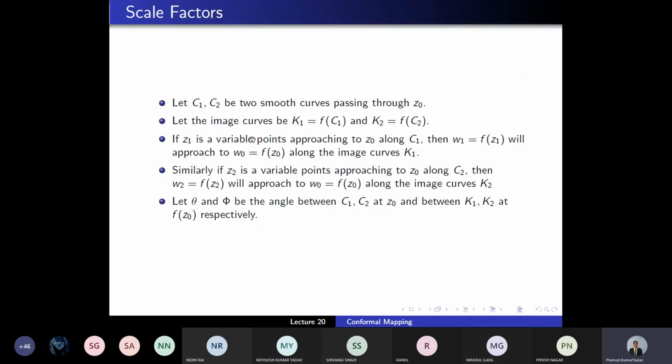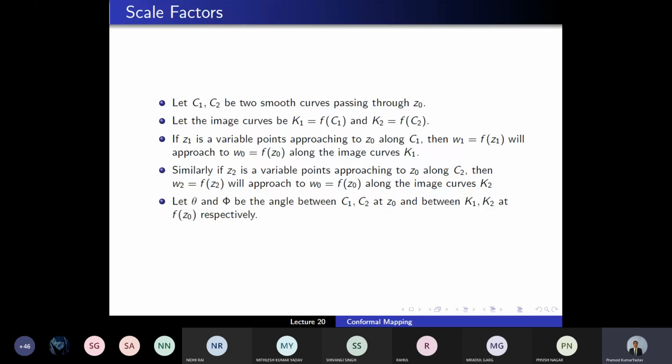Now there are a few more concepts. Let C1 and C2 be two smooth curves passing through z naught. Let the image curves be K1 equal to f of C1 and K2 equal to f of C2. If z1 is a variable point approaching z naught along C1, then w equal to f z1 will approach w naught, that is f z naught, along the image curve K1.